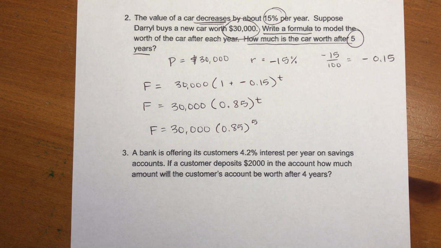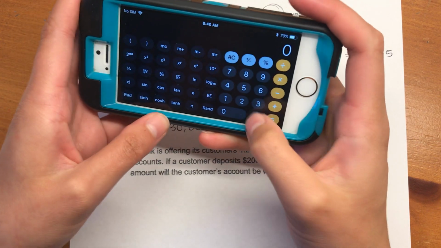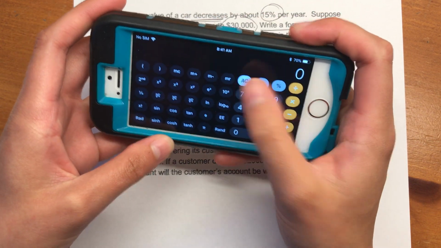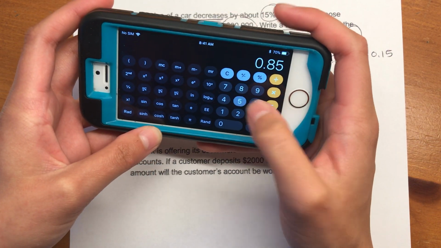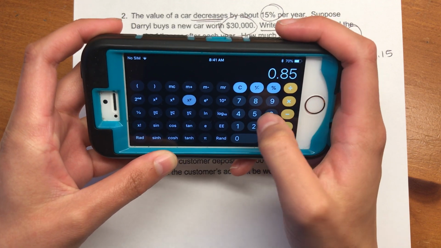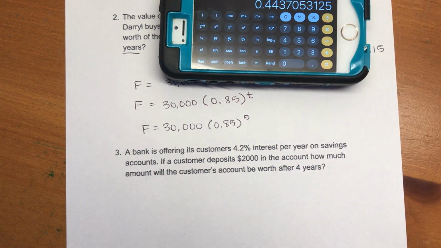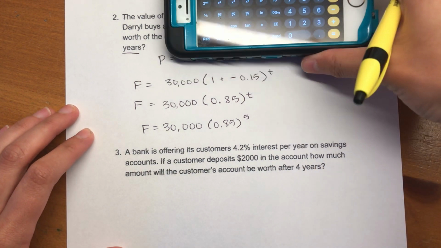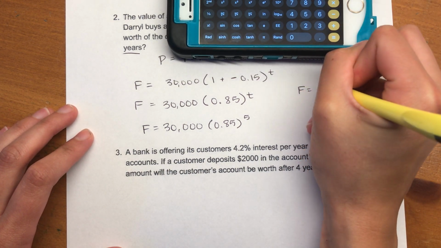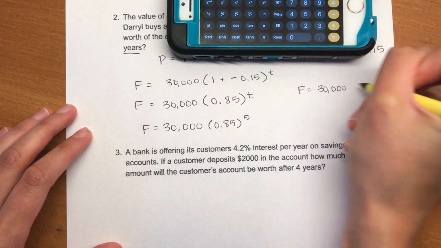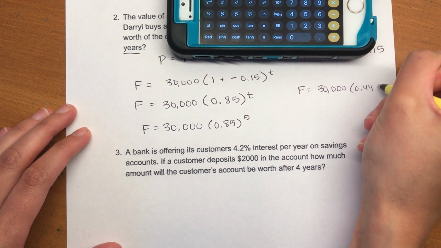And I'm going to go to my calculator because I don't know what 0.85 to the 5th is. So I need to do 0.85 to the 5th power, which is 0.44. So I'm going to write this over here. F equals 30,000 times 0.44.